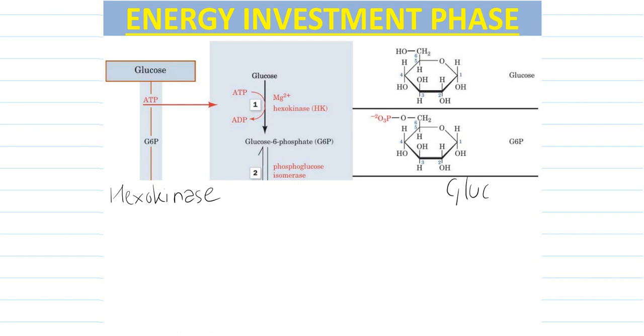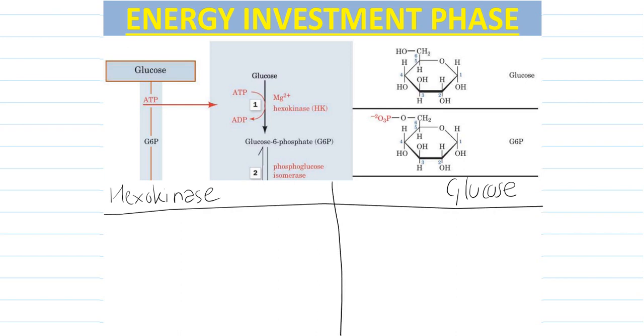Actually there are 4 isomers of hexokinase: 1, 2, 3 and 4, but hexokinase 1, 2 and 3 are quite similar to each other. This is hexokinase 4, which is also called glucokinase, sorry for the spelling. Let me tell you some of the differences between these two isomers.